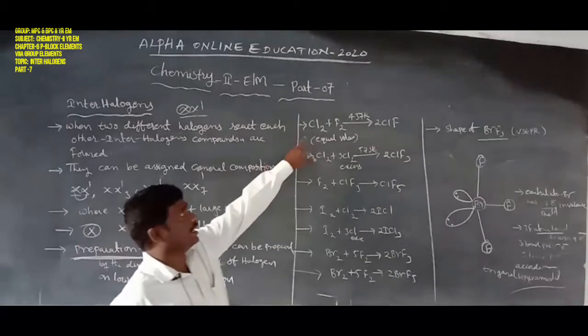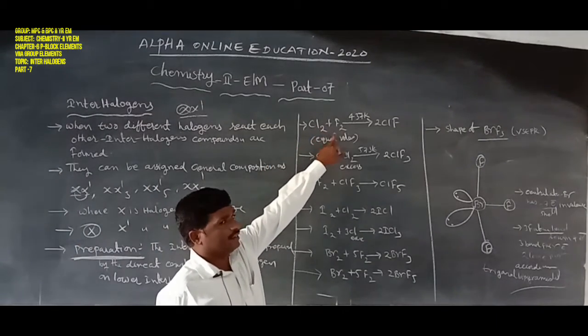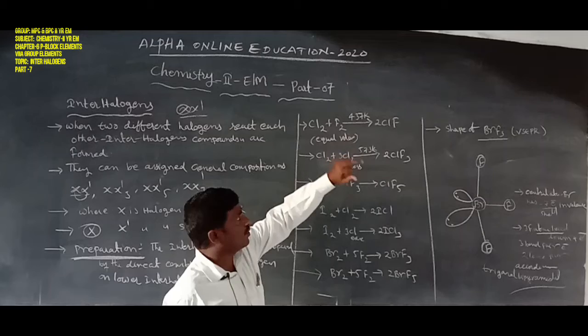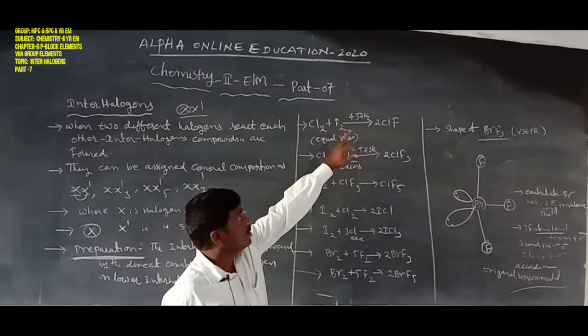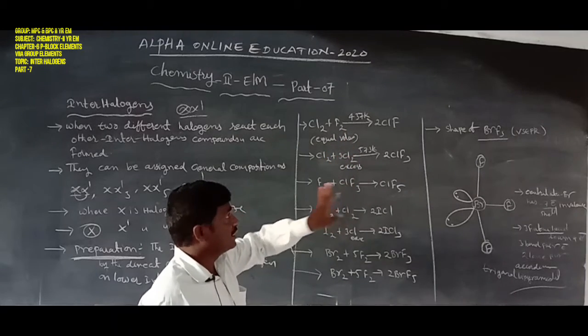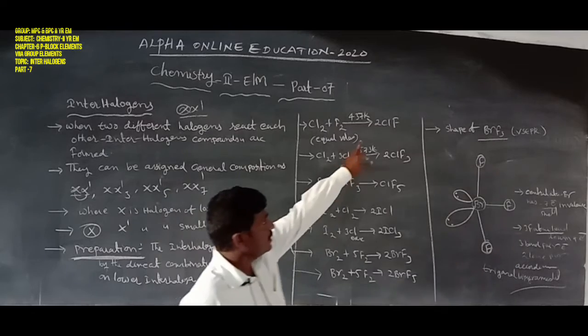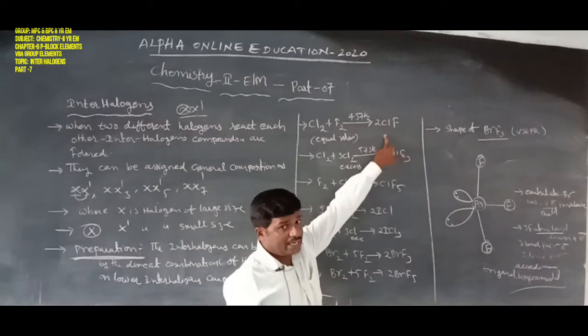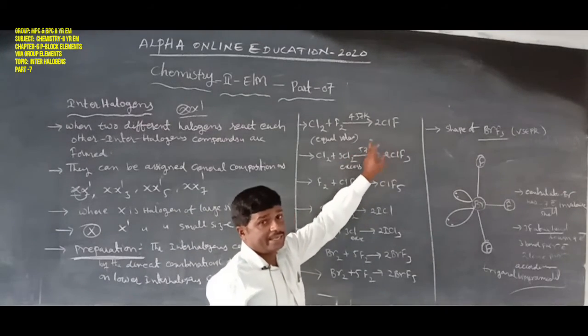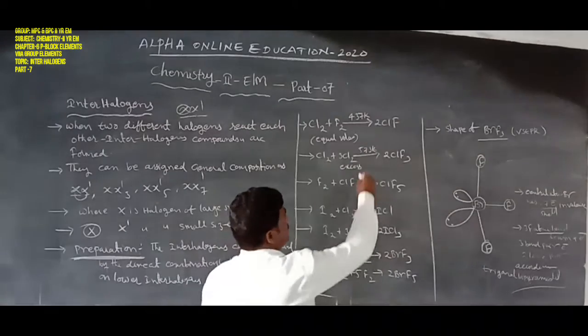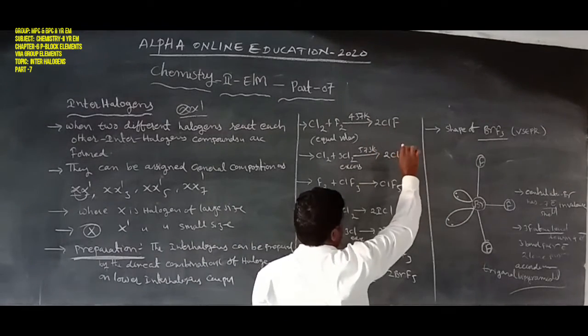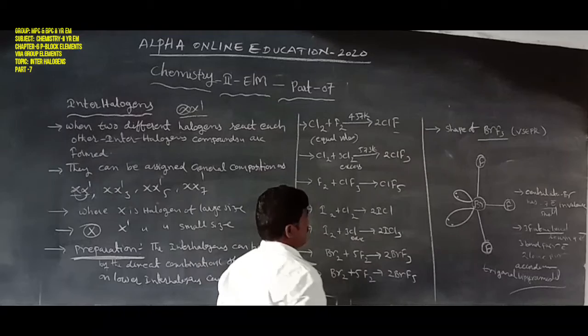For example, the first one: chlorine reacting with fluorine at 437 kelvin forms ClF, which is an interhalogen compound. Here chlorine is the large atomic size and fluorine is the small atomic size.